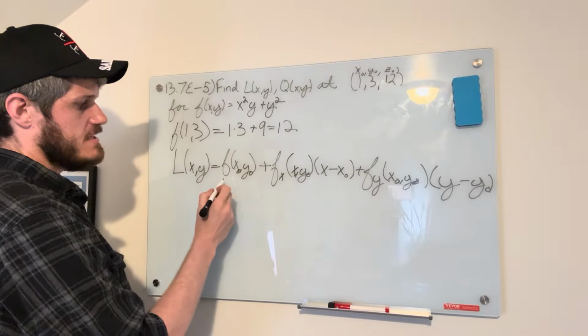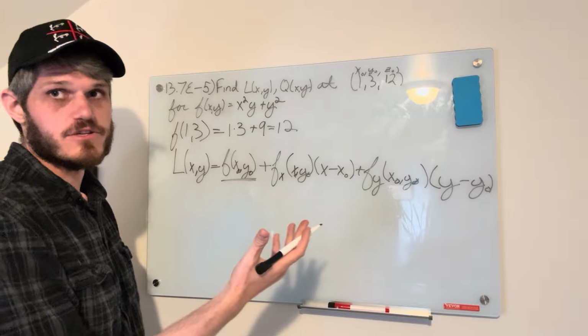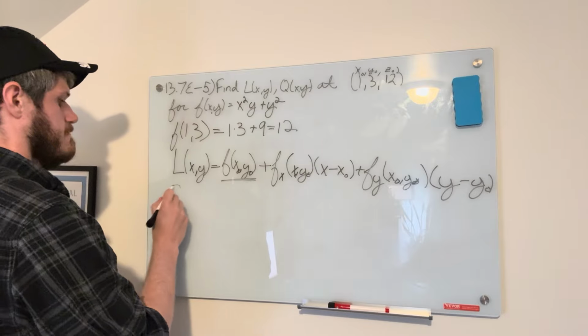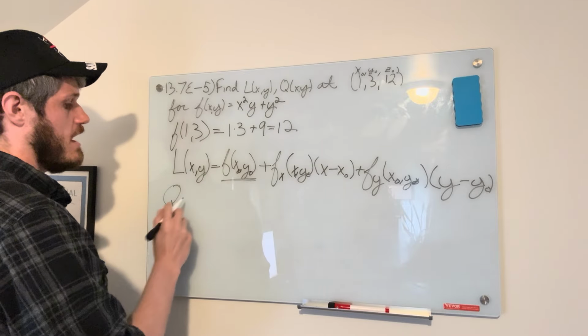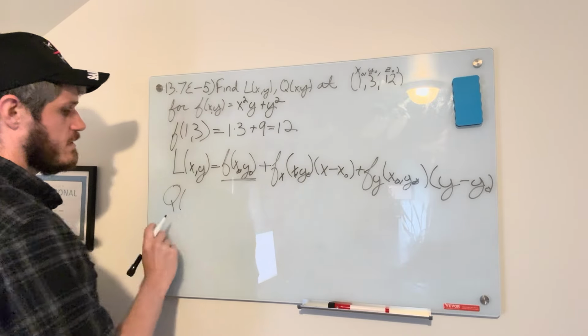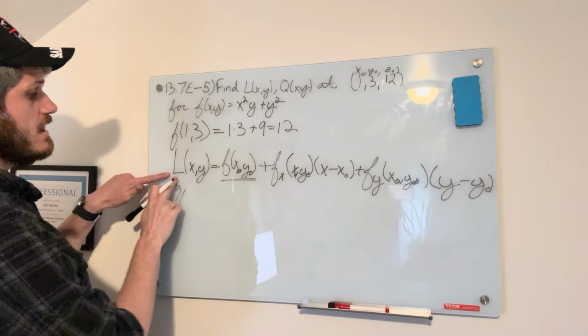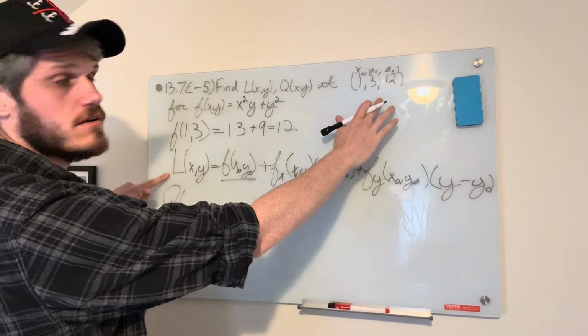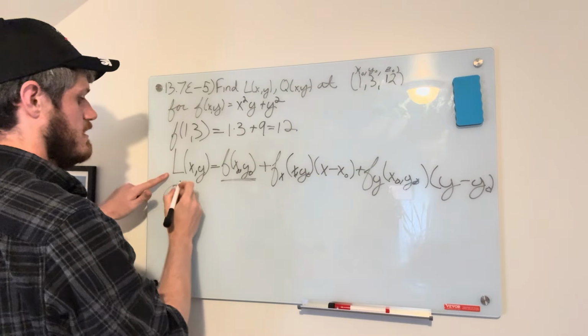And notice that it has your point that you're evaluating at, the point that you're building your approximation off of. This L of x,y is kind of only valid at our point 1, 3.